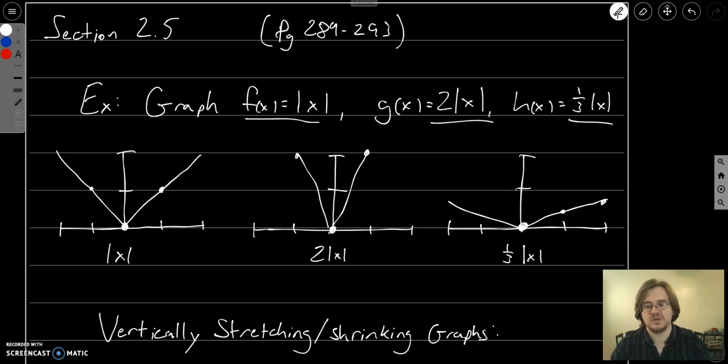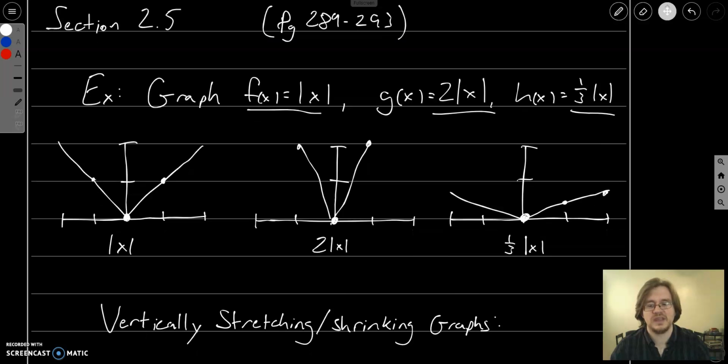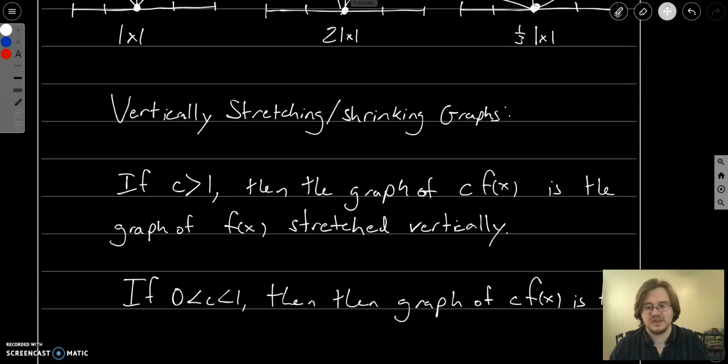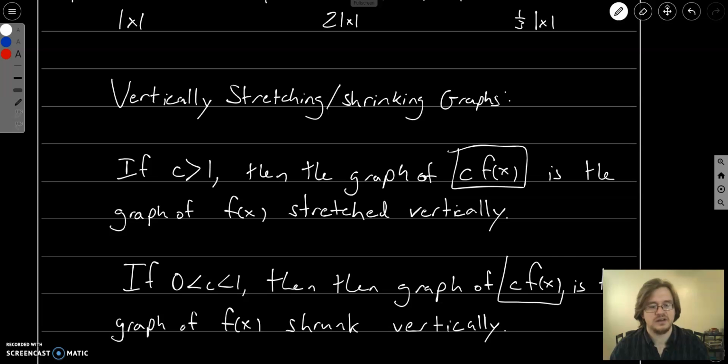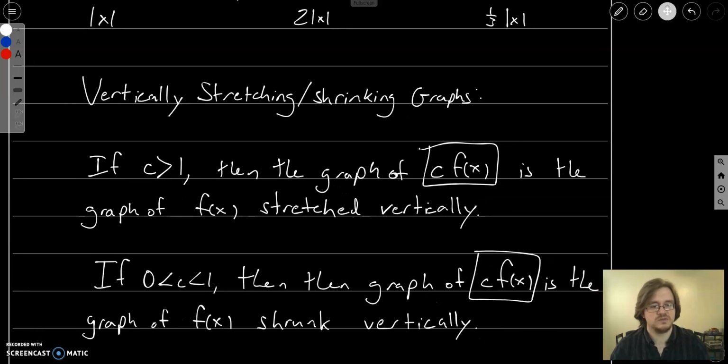So what the original graph looked like has now sort of shrunk, and now everything doesn't get quite as far away from the x-axis. So we're shrinking everything so that it doesn't get as far away. And this is in general what happens. So when you multiply a graph by c, let me move this over so you can read this.